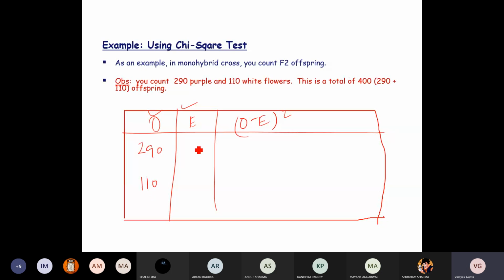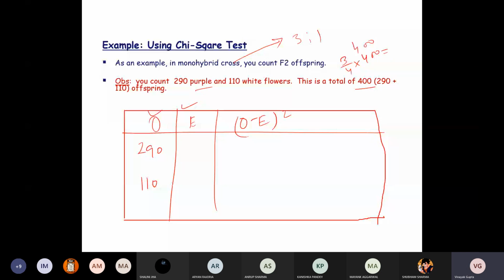How do we calculate the expected value? This is the point where I told you to remember the phenotypic ratios. In the monohybrid cross, the ratio was 3:1. So if you have a total of 400 plants, 3 by 4 into 400 should be purple.